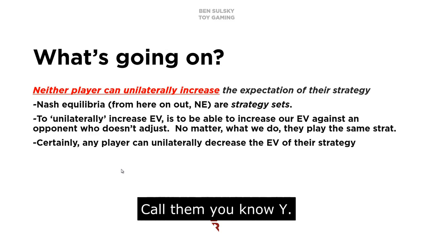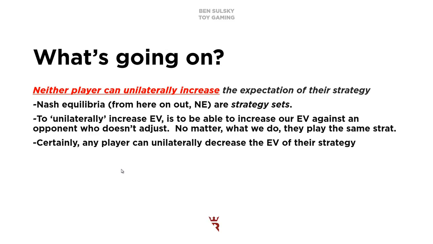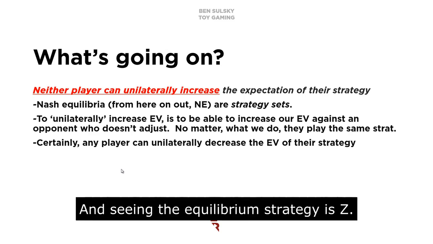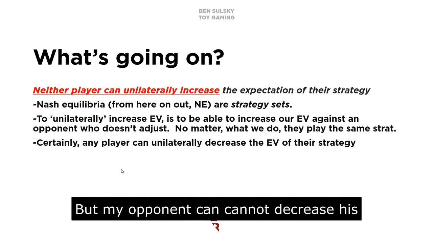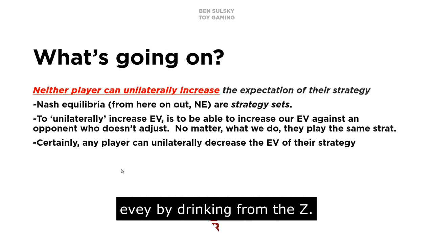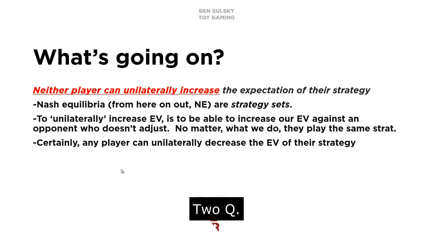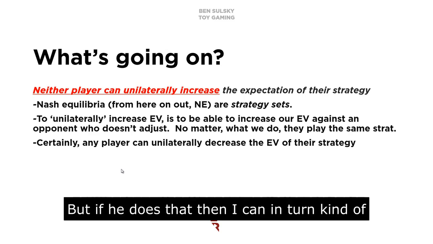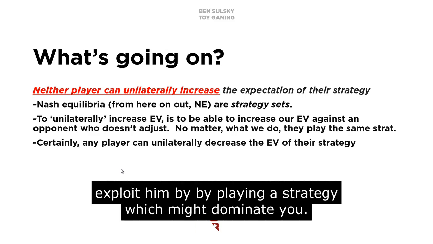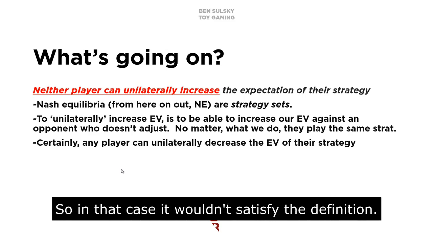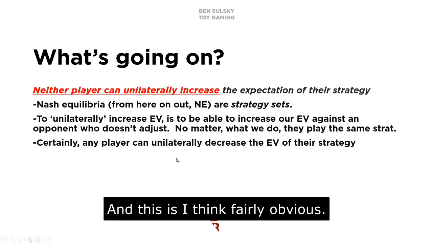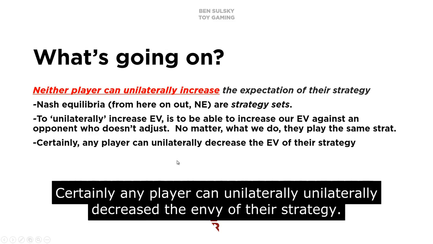Call them Y, Z, and Q. And say the equilibrium strategy is Z. My opponent cannot decrease his EV by changing from Z to Q. But if he does that, then I can in turn counter-exploit him by playing a strategy which might dominate Q. So in that case, it wouldn't satisfy the definition. And this is, I think, fairly obvious. Certainly any player can unilaterally decrease the EV of their strategy.